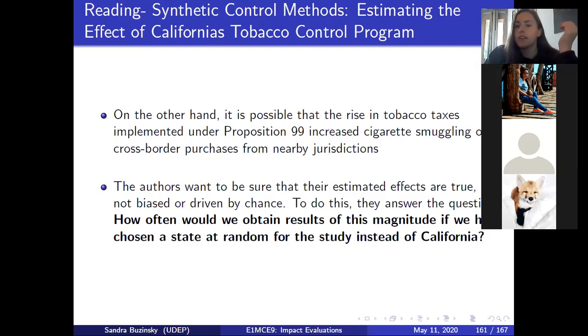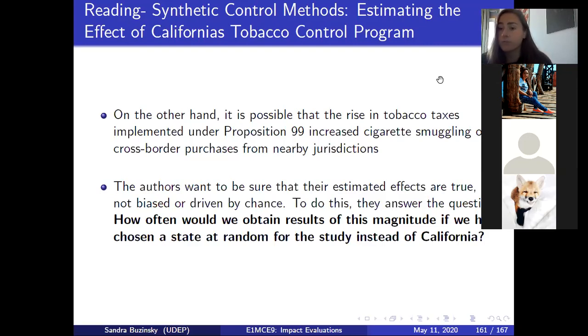So what they're doing here is using the same analysis that they did for California. They had California, they created a synthetic control group and compared their post-treatment outcomes. They're going to do this again, but instead of California, they'll choose random states that did not receive a tobacco program.